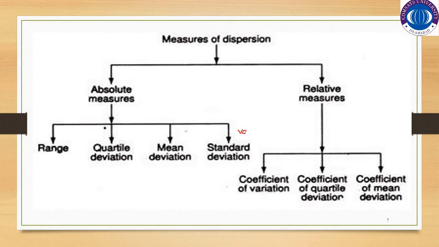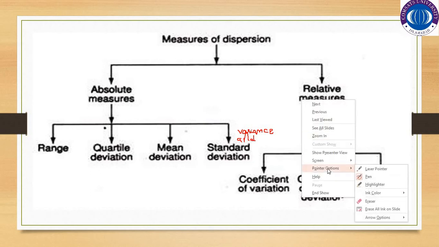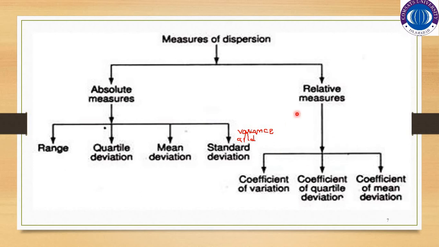You can write it in this way: variance and standard deviation. Whereas in relative measure of dispersion, we have coefficient of variation and coefficient of quartile deviation.